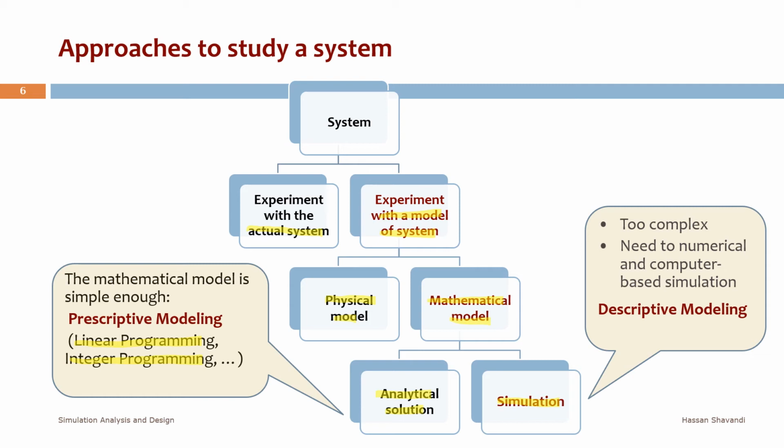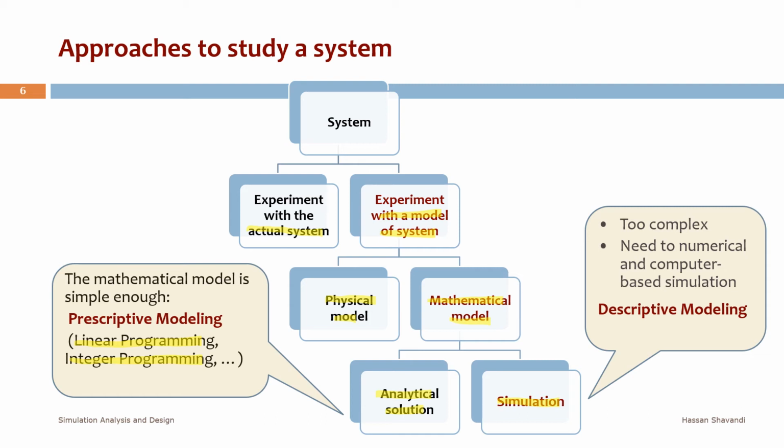So if the real system is not too complex, and you are able to formulate the behavior, the operation and the process of the system by some sort of mathematical equations, then we can formulate the system by a mathematical model which can be solved for the analytical, optimal solution. These are the prescriptive models.